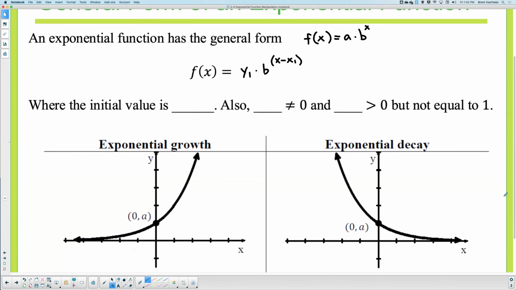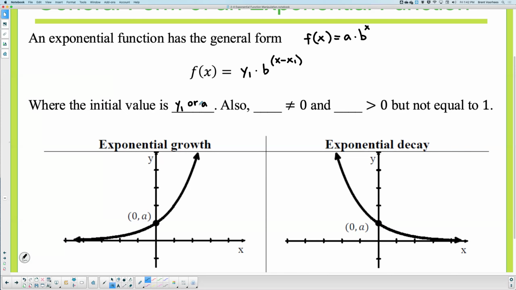Now, what we're going to talk about today on lesson 2-3, which is really just the first couple slides, is that this initial value, the y1, is the initial value. And again, you could put y1 or the letter a, whichever you prefer. I'm going to use y1 because I think it's going to be more helpful for you as we move on through the school year.